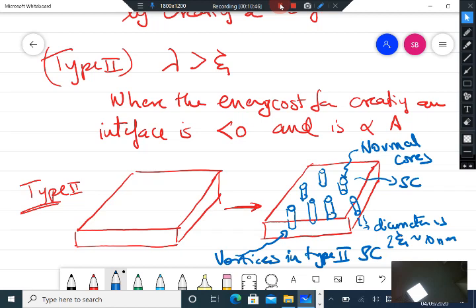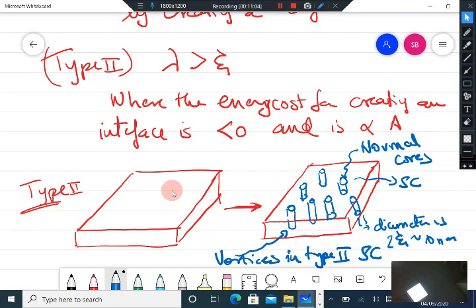You create multiple such vortices inside the superconductor, and so the surface area drastically increases.